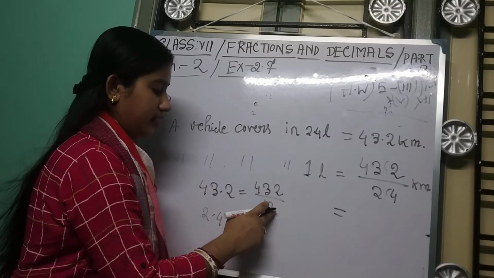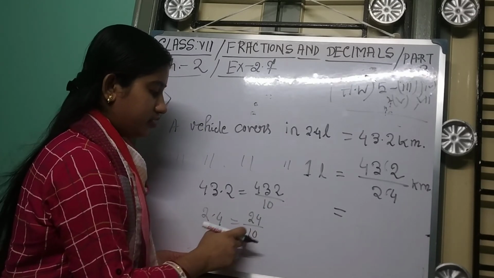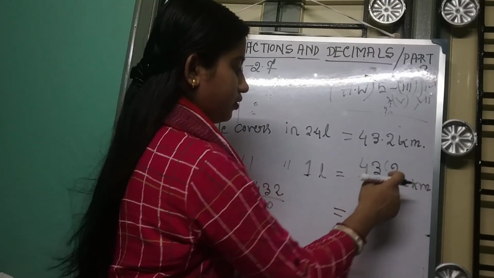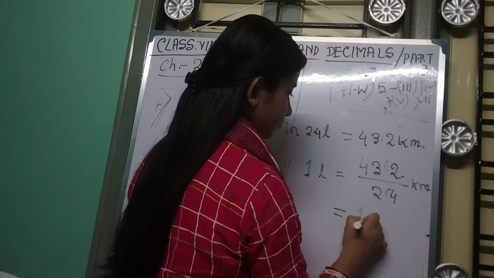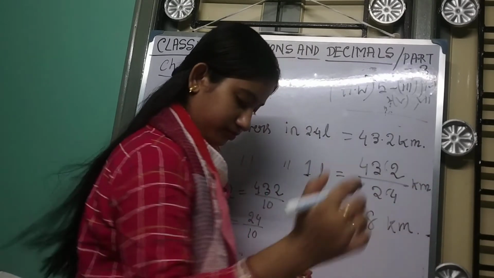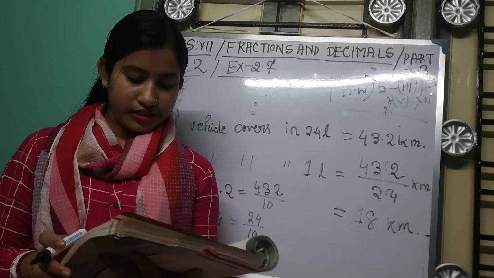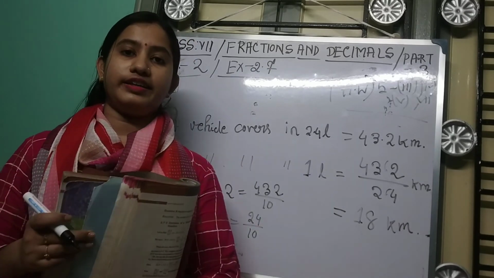Here is 10 and here also 10, so we cancel these 10s. So we get 432 by 24. We divide this and get 18 kilometers. So how much distance will it cover? In 1 liter it covers 18 kilometers.